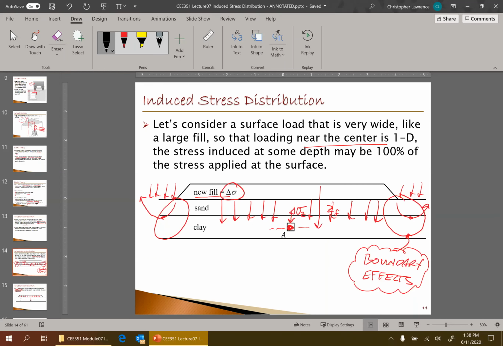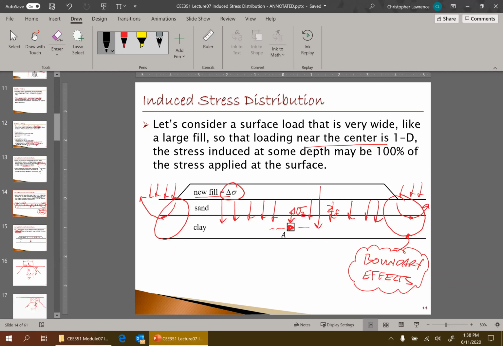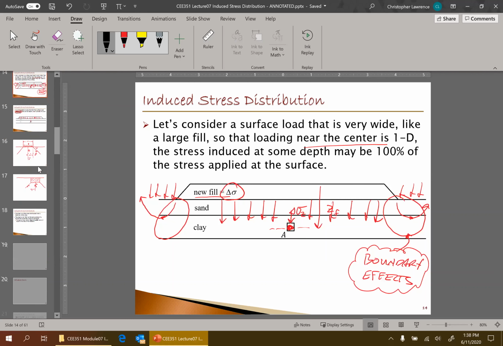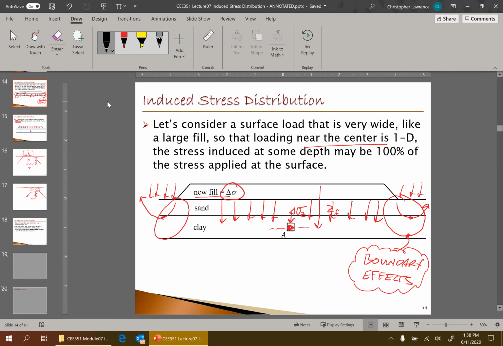All right, and so I think these next couple slides are just about where I left off. We have to understand the idea of the boundary conditions. Now, when the load is very wide and spread out over a wide area, and your point of interest is nowhere near the boundaries, then essentially everything is really just vertical.